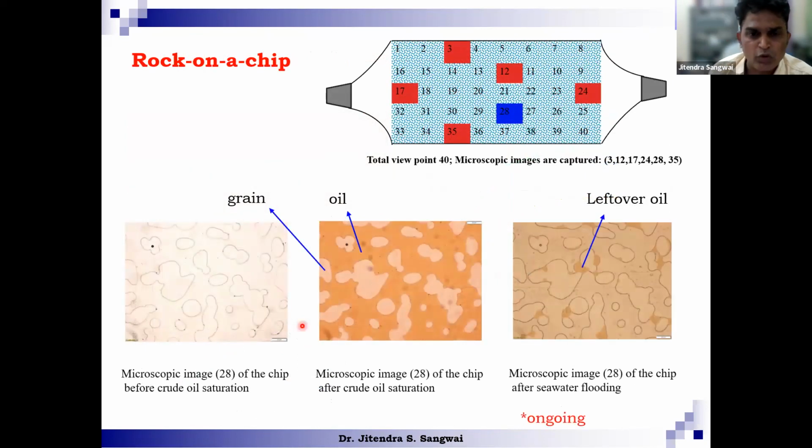And right now, what we are looking at is a microscopic investigation, where we talk about rock on a chip, where we have microfluidic chips which mimic the actual rock conditions. These are highly random rock matrices.